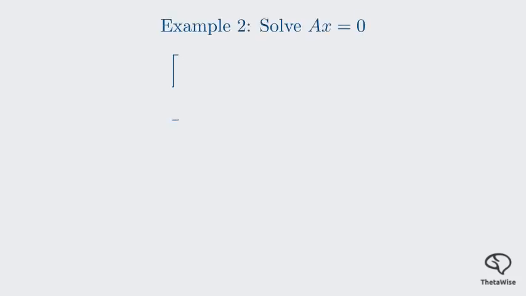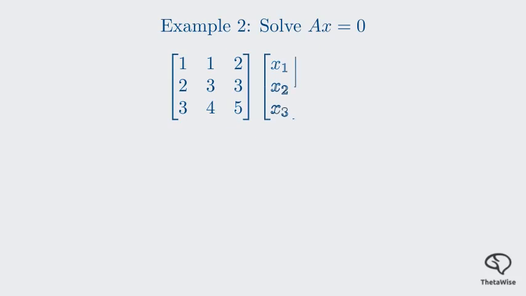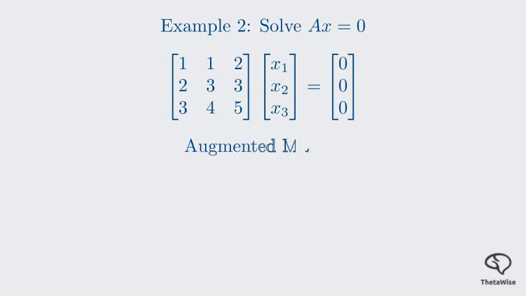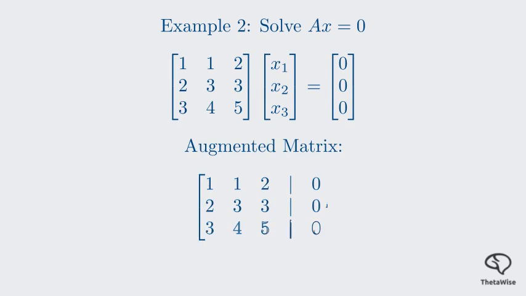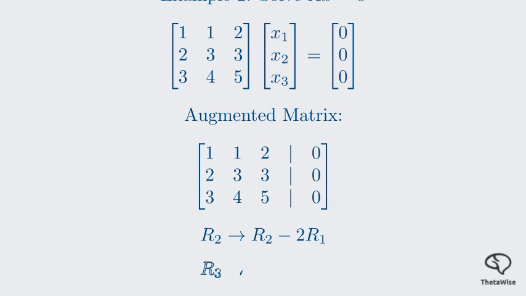Let's look at another homogeneous system example. Solve the system: the matrix [1, 1, 2; 2, 3, 3; 3, 4, 5] times the vector (x1, x2, x3) equals the 0 vector. We'll form the augmented matrix and use Gaussian elimination. The augmented matrix is [1, 1, 2, 0; 2, 3, 3, 0; 3, 4, 5, 0]. First, we'll replace row 2 with row 2 minus 2 times row 1, and row 3 with row 3 minus 3 times row 1.